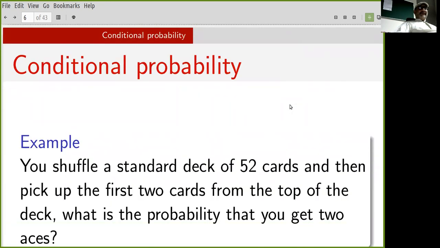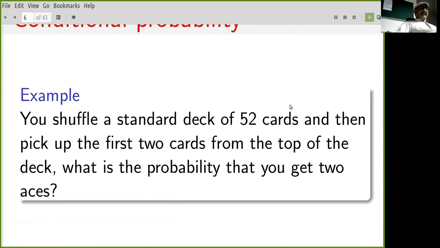Let's take a look at another example. You shuffled a standard deck of 52 cards. You pick the first 2 cards from the top of the deck. What's the probability that you got 2 aces? Okay, well, if you think of this in terms of a 2-card hand, as we were discussing previously, it's a partition.